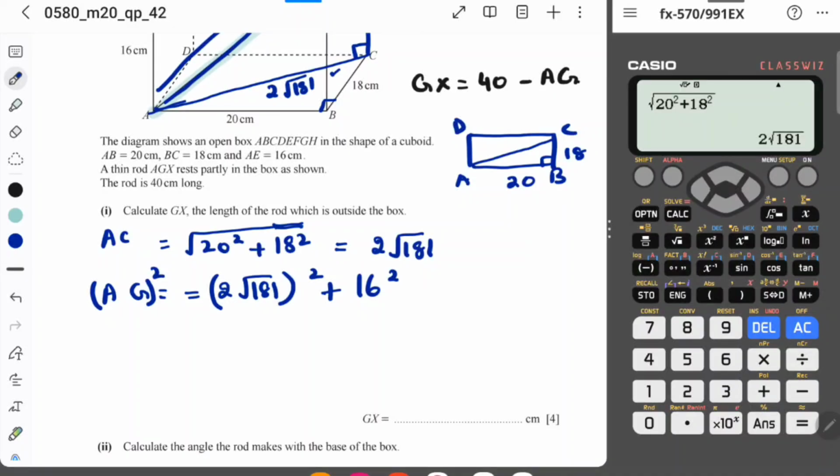Calculate now: bracket open 2 square root 181 bracket close squared plus 16 squared. That is equal to 980, which is AG squared. What do we do now? We just take the square root of it, which is 14 square root 5.